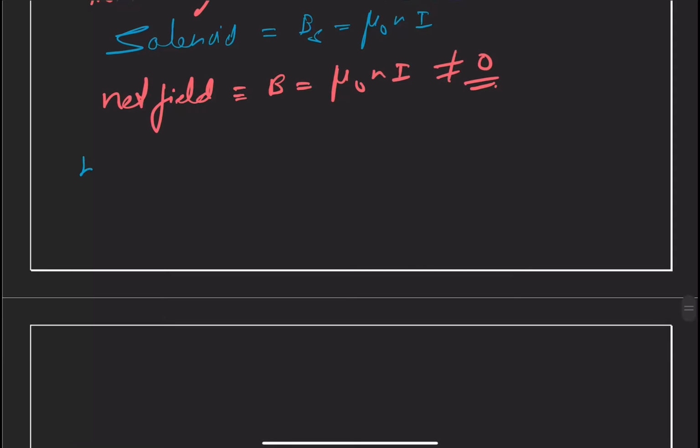Now we come to part B. In this case, r is greater than capital R but less than 2R.